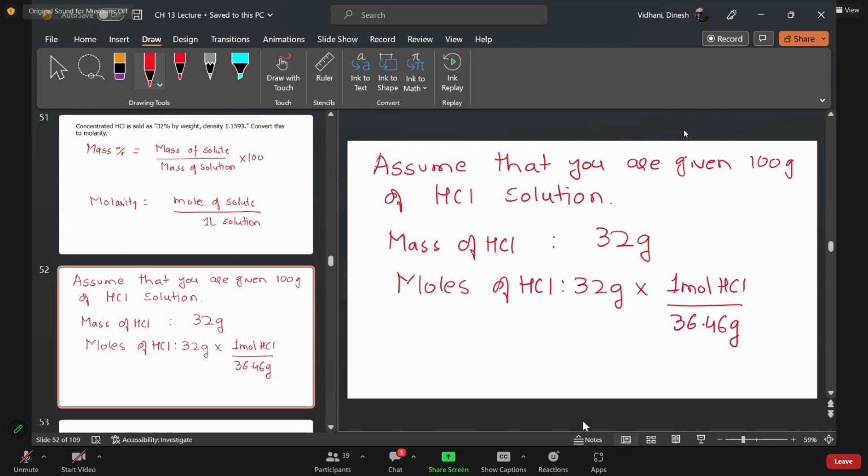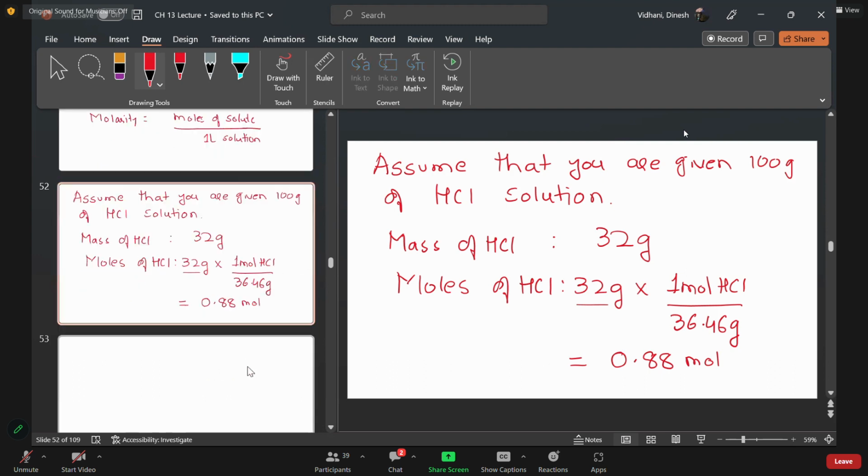So can you tell me how many moles are we looking at? 0.8779. Okay, so I will say 0.88 moles because we'll keep it at 2 sig figs. So we have 0.88 moles of HCl. So we found that one, right?